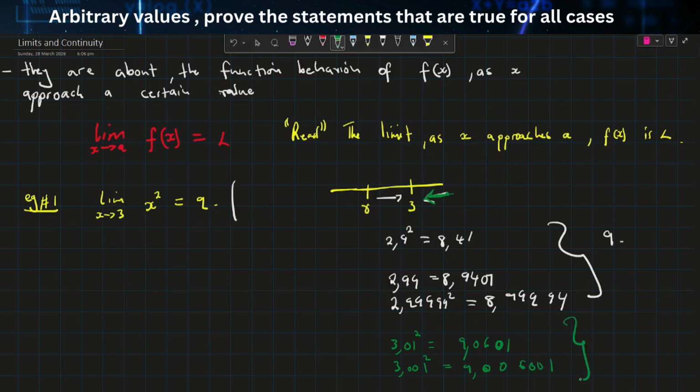So you can realize that from both sides, as we come closer to 3, the value that we are approaching is 9.